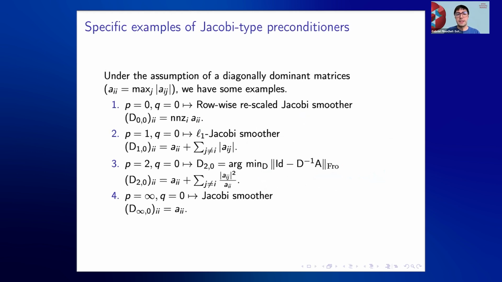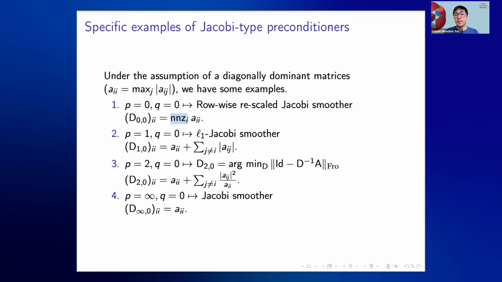Some examples: if we assume temporarily that the matrix is diagonally dominant, we can deduce some cases where this matrix is easy to recognize. For instance, if we set p equals 0, we get a row-wise rescaled Jacobi smoother. That means you take the diagonal and the number of non-zeros per row.